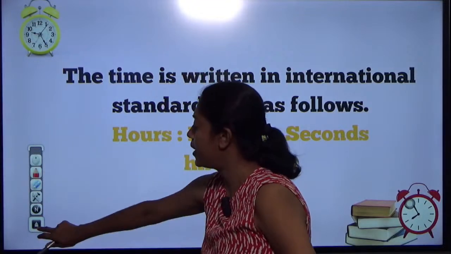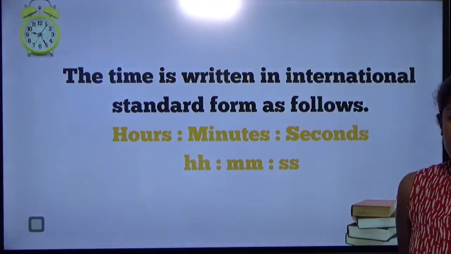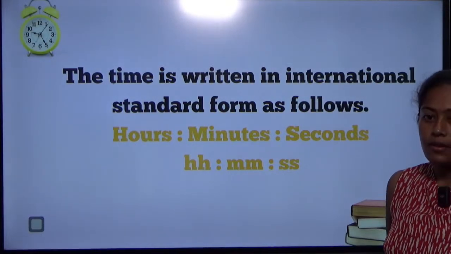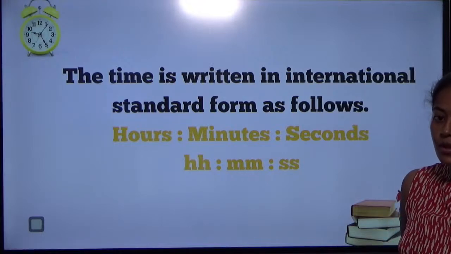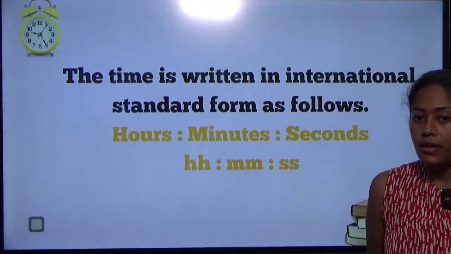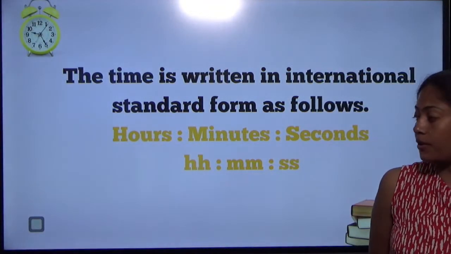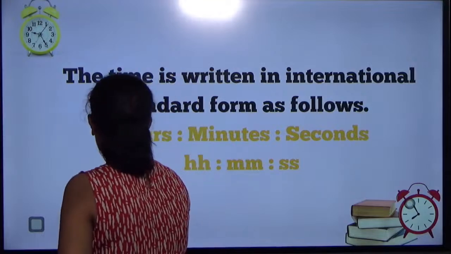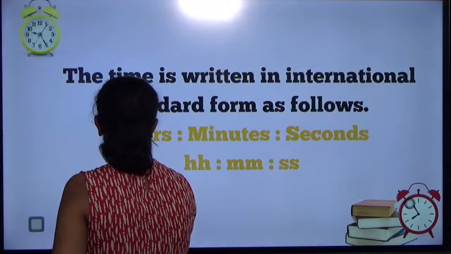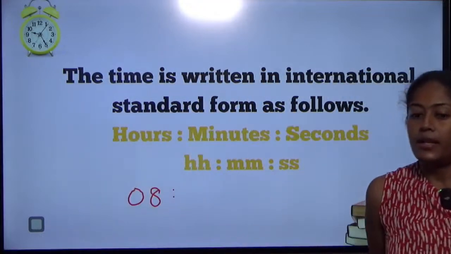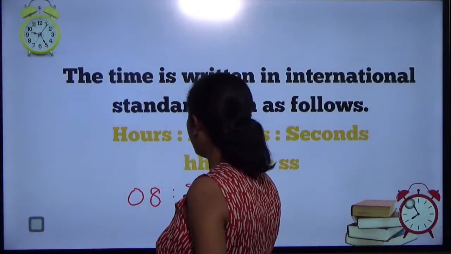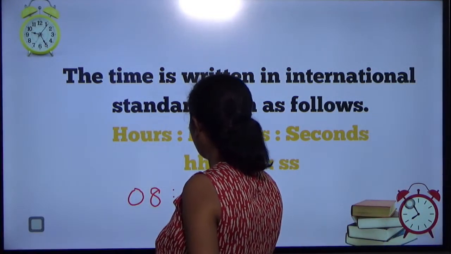So now I want to write the time just now in standard form. So how can I write? Now it is morning time, so first hours we have to write using 1 to 12. So we have to use 4 digits. So hours we can write 0 and 8, then double dots. Then how many minutes? I think now 35. Then minutes we can write 3 and 5.